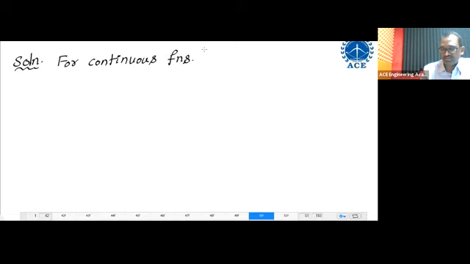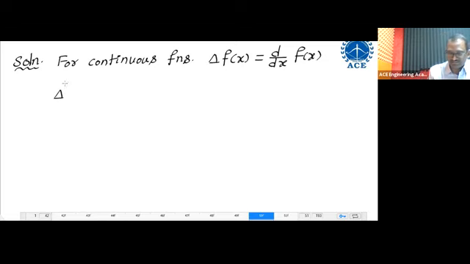For continuous functions, delta f of x is equal to dy/dx of f of x. So here, delta power 10 of f of x is equal to d power 10 by dx power 10 of f of x.